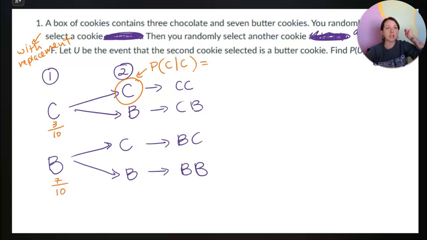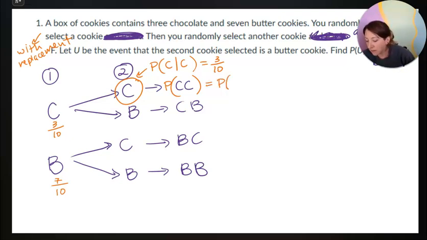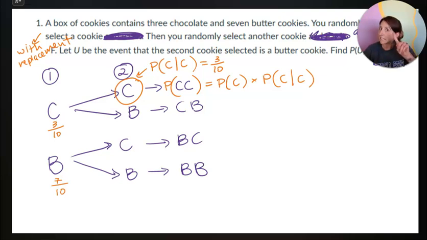So if I pick out a chocolate from the box and I'm like, man, I didn't want chocolate, I want butter, then I'll put the chocolate back in. That means the probability is still 3 out of 10 to get a chocolate on the second one, meaning these trials are independent. So here, the probability that we have chocolate on the first times the probability that we have chocolate on the second, given we already picked out a chocolate but didn't eat it.